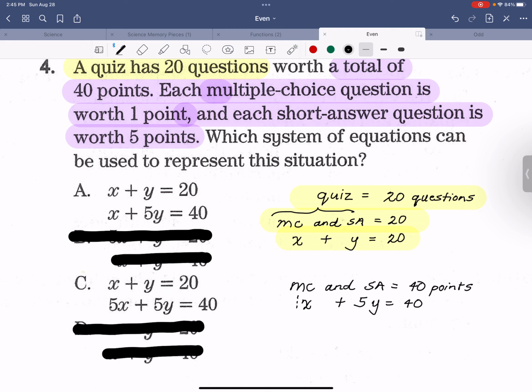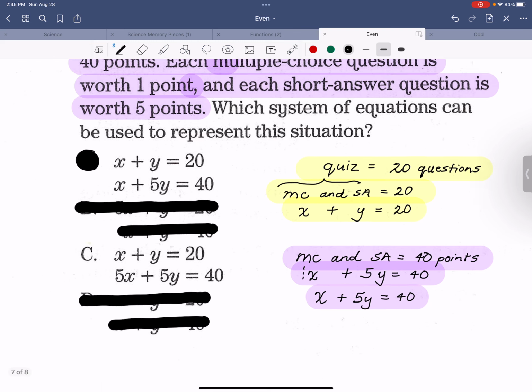So do we have something similar? Plain X plus 5 times each of the Y's is 40. There is the other part of this system, and I like answer A. I want to tell you about answer C. Let's look at that just a second.